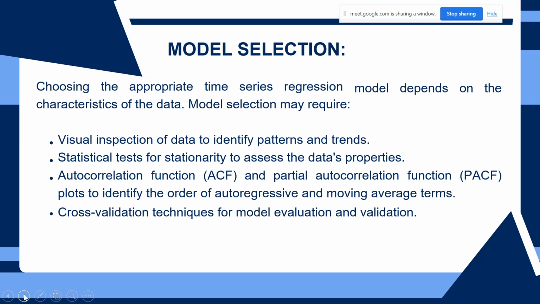So the ACF, or the autocorrelation function, measures the correlation between the time series and its lagged values, while the PACF, or the partial autocorrelation function, measures the correlation between the time series and its lags after controlling for the correlations with intervening lag values.